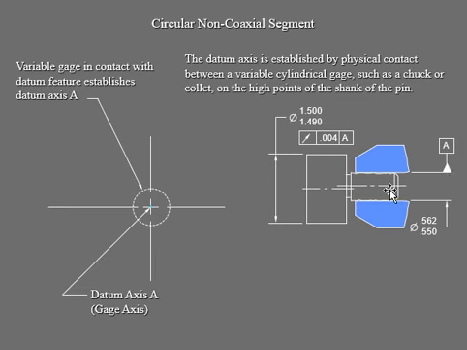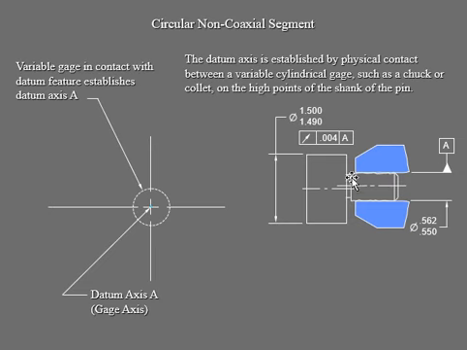Here is your datum axis. Of course, this time in this example, you have a circular non-coaxial, so look at that axis, see, it's kind of off, they're not aligned to each other. That's what we call the circular non-coaxial segment happening right here. You can see the variable cylindrical gauge is right here, and the high points are going to be in contact with the shank of that pin.